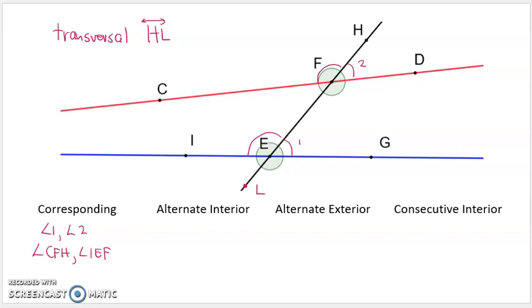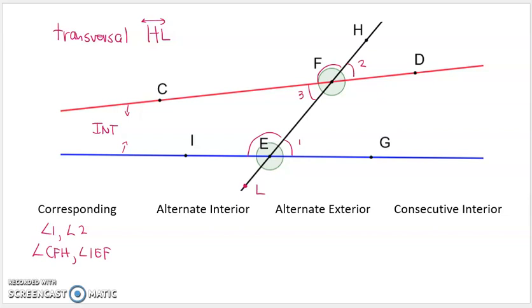Alternate interior angles. The word's very descriptive. Alternate means they're on opposite sides of the transversal. Interior means that they are on the inside of these intersected lines. So this is the interior portion of the line. So alternate interior would be angles such as angle 3 and angle 1. They're on the opposite side of the transversal, and they are interior.